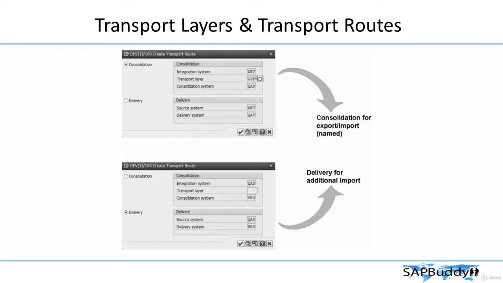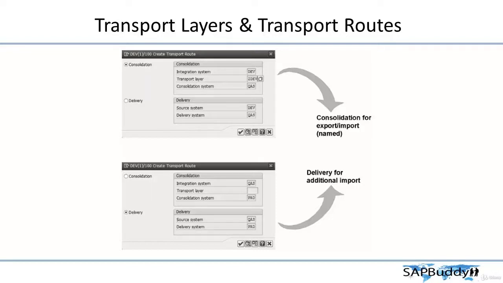Next, what we need to do is we need to have a transport route in order to transport the changes between different systems. So although you have the TMS initialized, it is not sufficient to perform the transport of the changes. So we need to define the transport route.